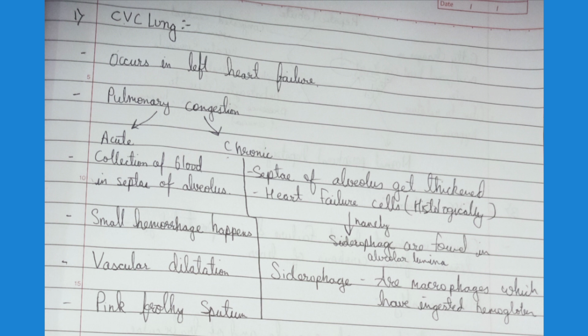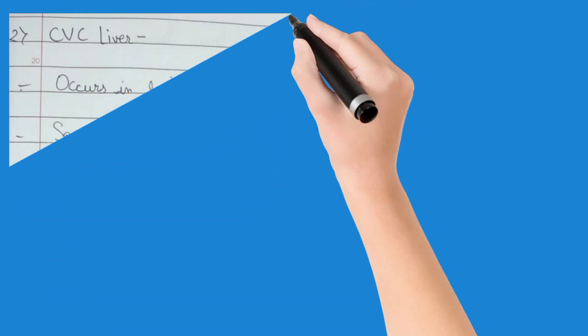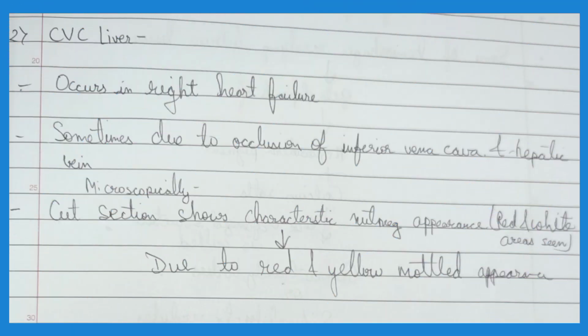Now let us see CVC of liver, that is chronic venous congestion of liver. It occurs in right heart failure, sometimes due to occlusion of the inferior vena cava and hepatic vein. When you cut a section, you will see a nutmeg appearance, that is, red and white areas are seen.